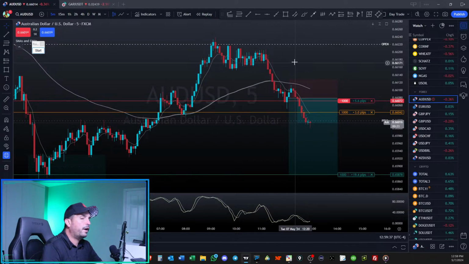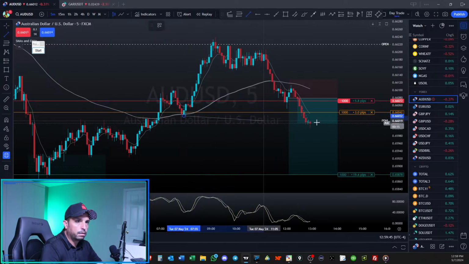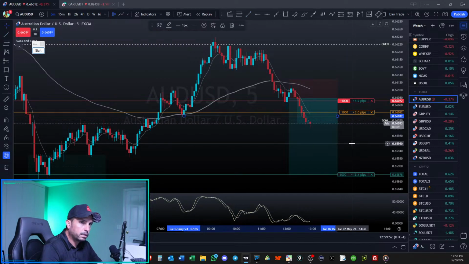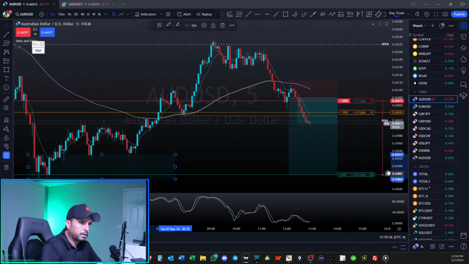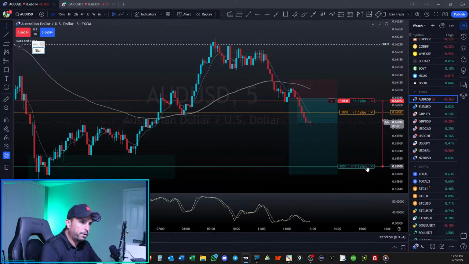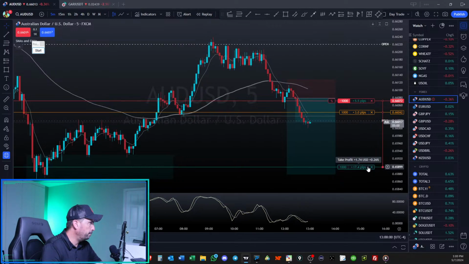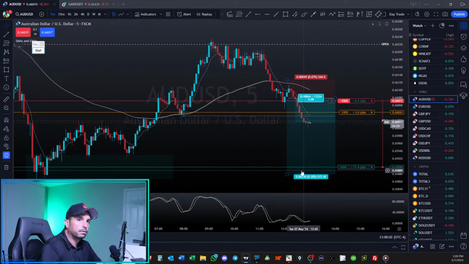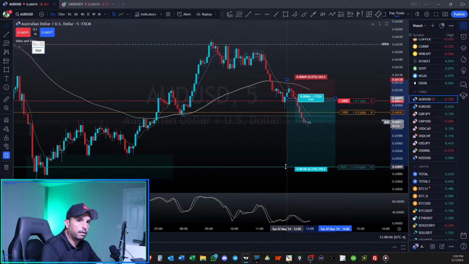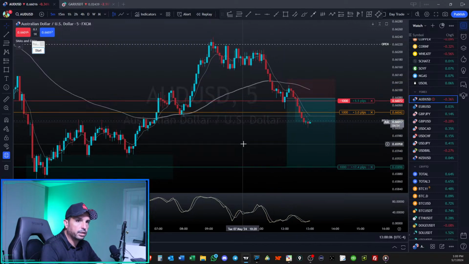Yeah, no, that's fine. Put the stop right there. If it goes back, it needs to hold this low here. If you don't hold that, it's gonna go up. You see this order block? I would have put my take profit right in the middle, 50% of the order block, right there. And then just leave it.